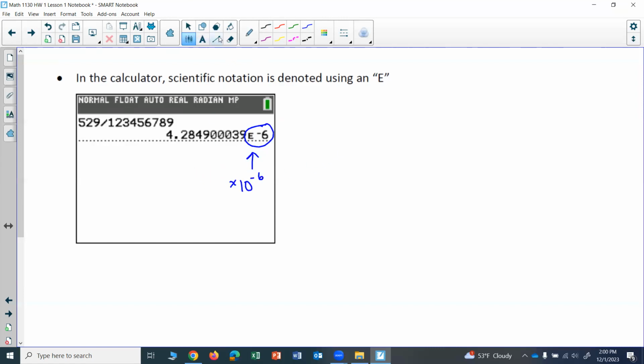So that number would be 4.284900039 times 10 to the -6. So that capital E takes the place of the times 10 to the -6.